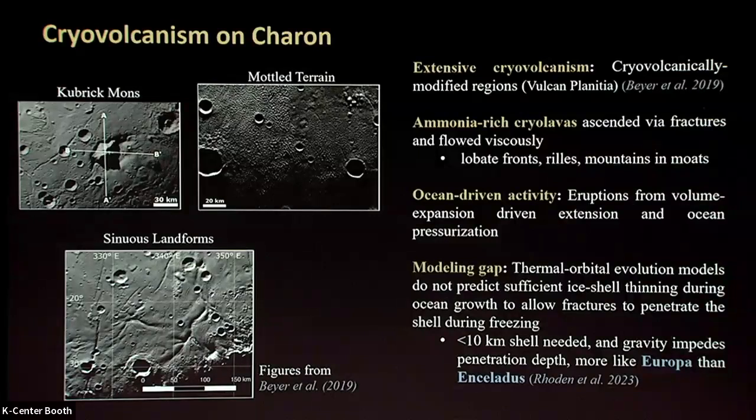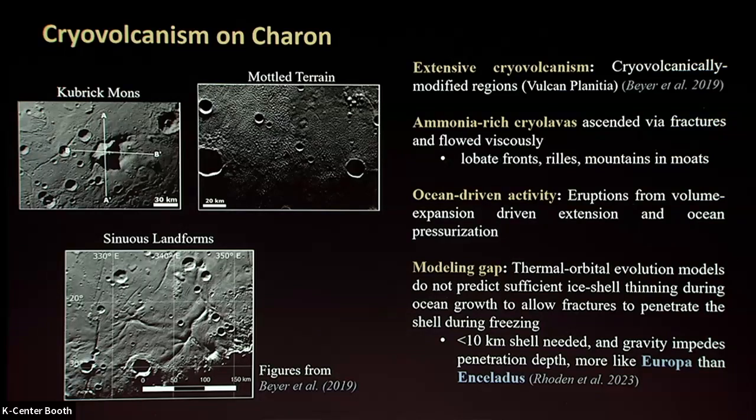We also see evidence of cryovolcanism on Sharon. So some of these features, actually, none of them look particularly like other icy bodies I've seen, but we do see these lobate features and smooth areas and a lot of evidence that the surface has been modified. One of the tricky things about this activity is that it is also often attributed to an ocean.